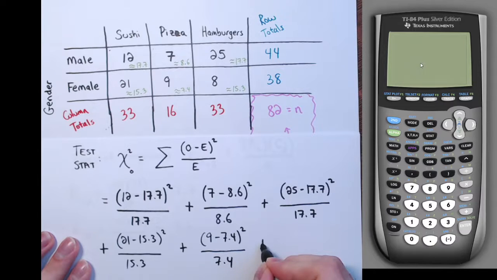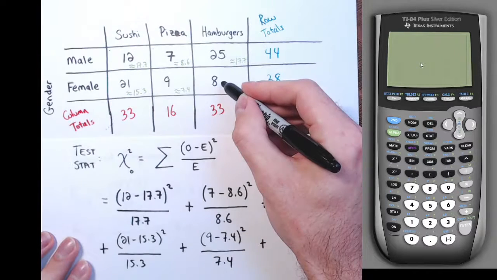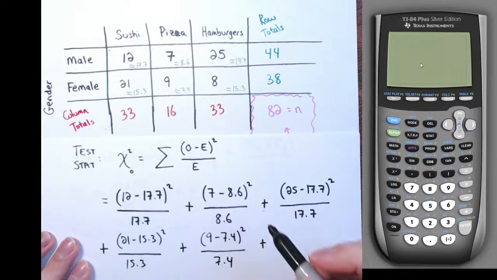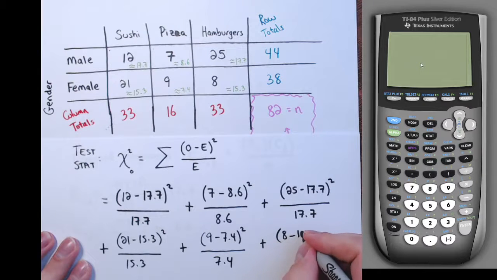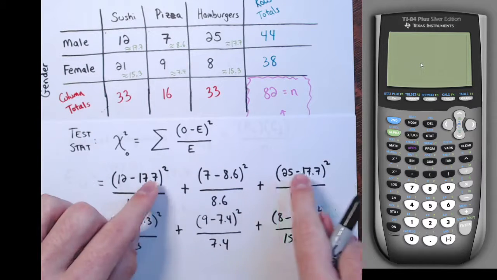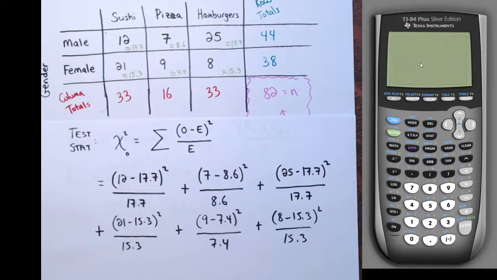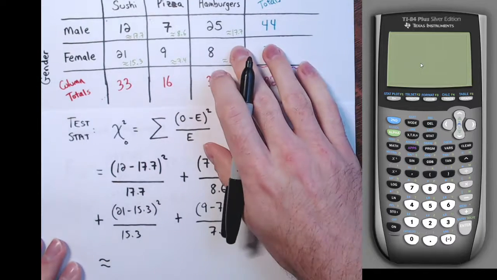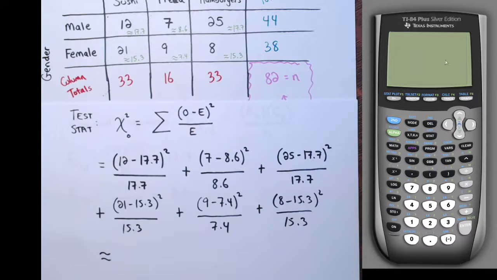And then finally, the second row, third column, 8 minus 15.3 squared divided by 15.3. And they're asking us to use these rounded to 1 decimal place expected values, punch all this in, and round the final answer also to 1 decimal place.